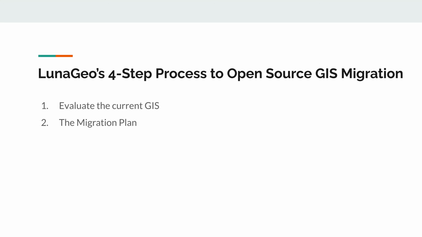The migration plan is exactly that. So after we've evaluated everything, we've asked questions to staff and we've gone through this whole process, we put together this plan, which is really scoping out that whole migration process. And then of course, the next phase is we implement that plan as we start building it out.